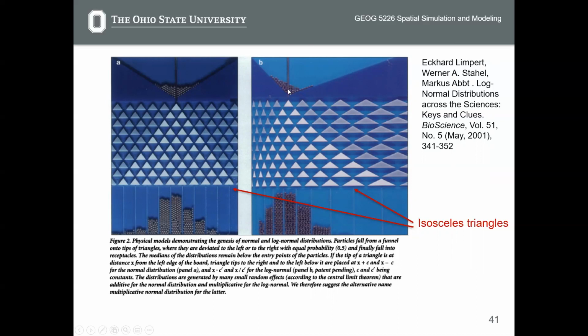For example, if a ball drops on this triangle, it could go left or could go right. But if it goes to the left, it will encounter a smaller triangle, which means that this encounter, no matter whether it goes to the left or to the right, it will travel a shorter distance compared to the first encounter.